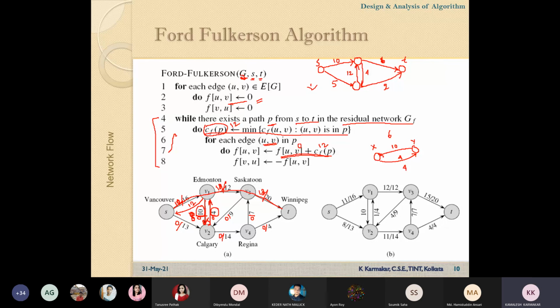Now X may say that you don't need to send me 6 unit, you can just send me 2 unit, then I will not send anything to you, then it will be balanced.